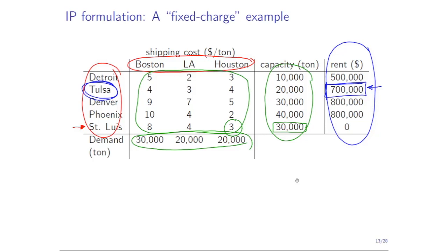So in order to make the formulation simple, let me introduce some parameters. For the demand, instead of writing down explicitly these values, I will represent them by d_j.